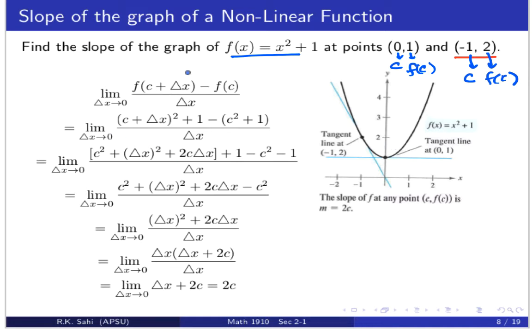Now, we want to find the slope of the graph. We already know it's a parabola. Looking at the graph, on the left-hand side of the y-axis, you see the graph is going down. So if you draw a tangent line anywhere here, it's going to have a negative slope because the lines are going down.